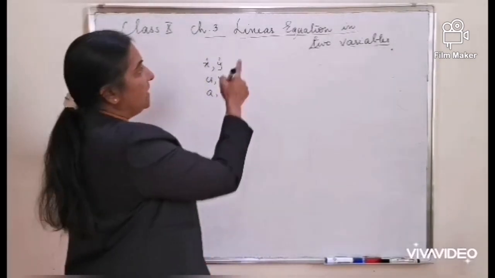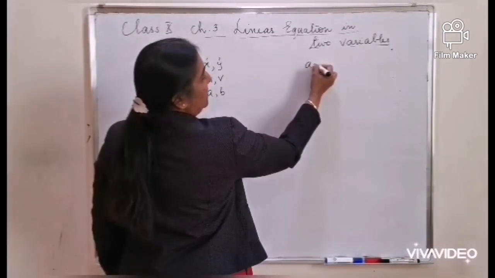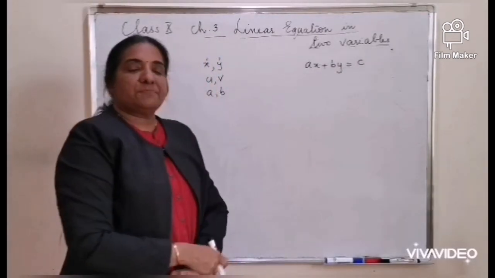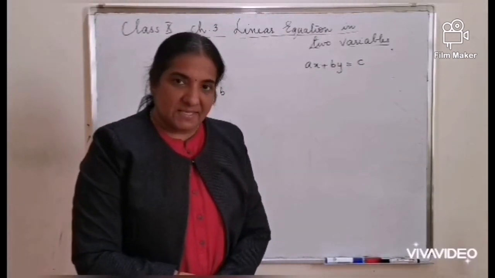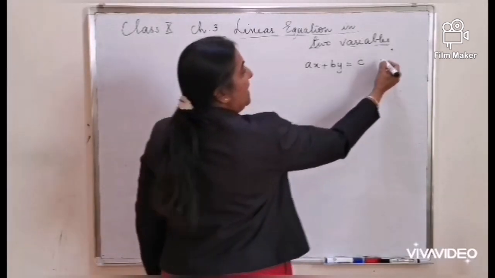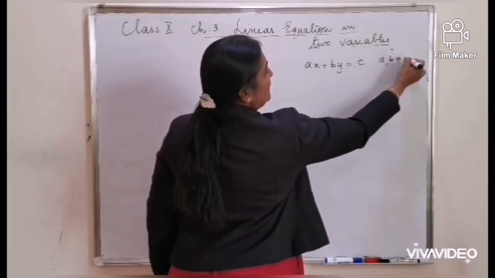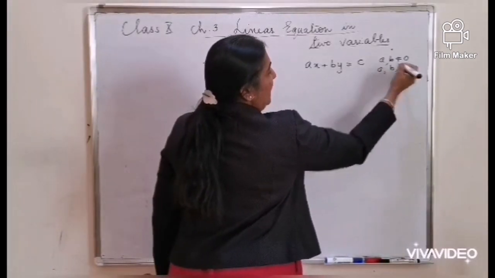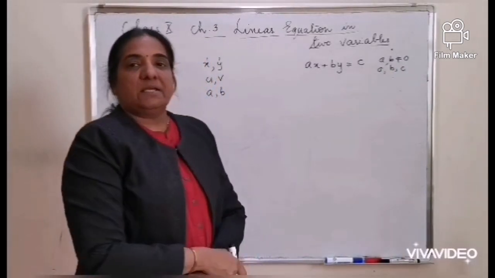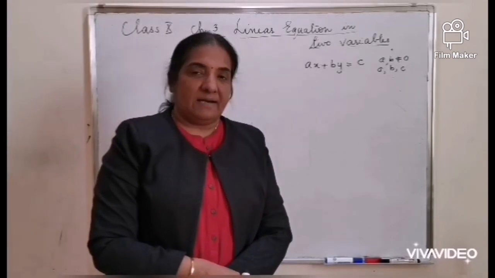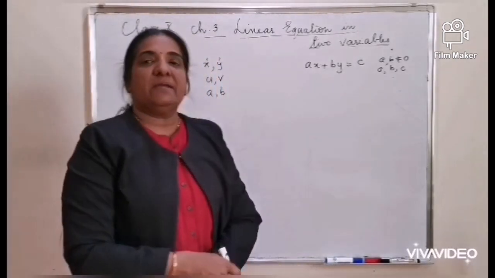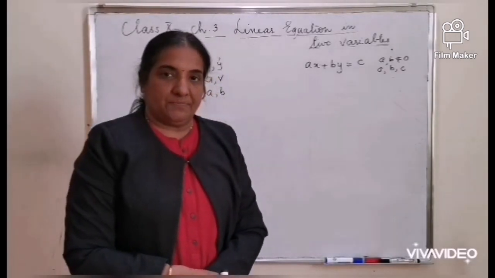Thus, the general form of a linear equation in two variables is ax plus by equal to c, where a and b should not be 0. At the same time, the values of a, b and c should be in the real number system.